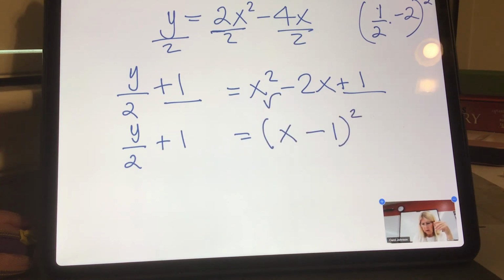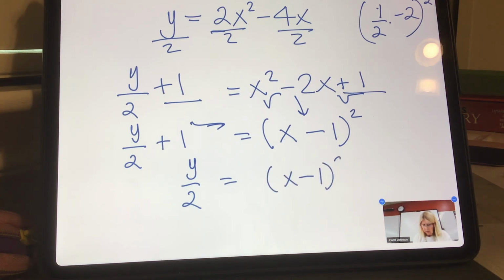Remember, it's square root, sign, square root. It's a fast way of factoring it. Yes or no? Now, move the 1 to the other side. So you get y over 2 is equal to x minus 1 squared minus 1.